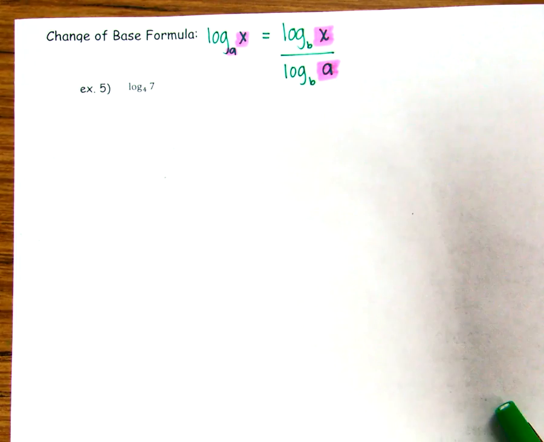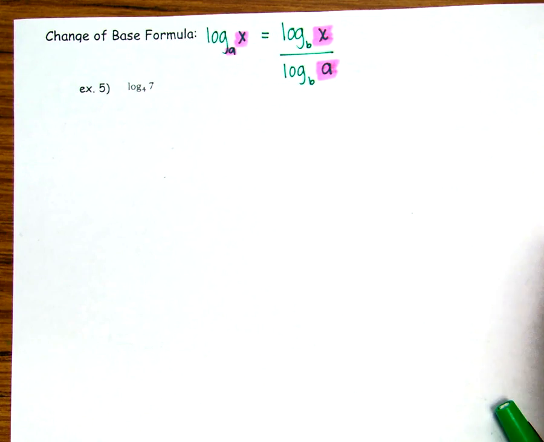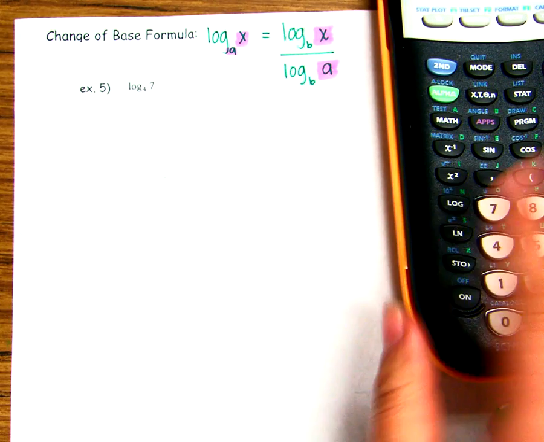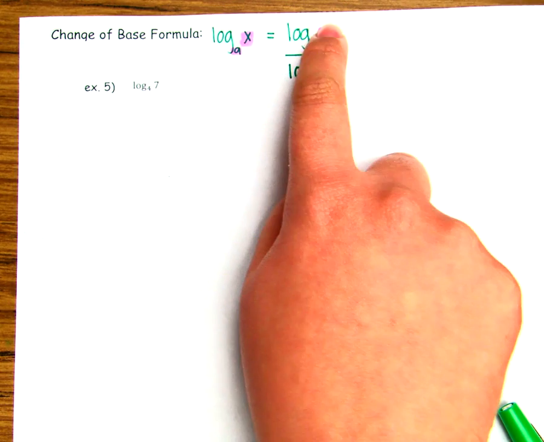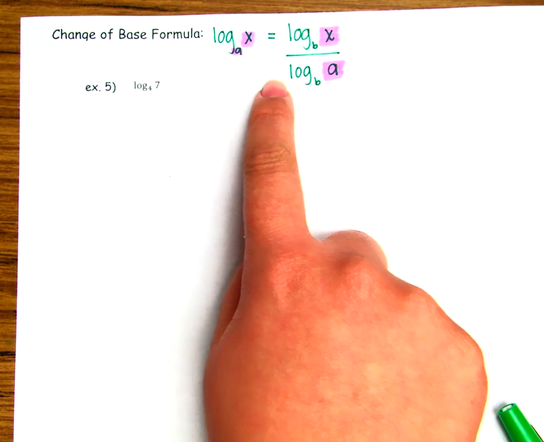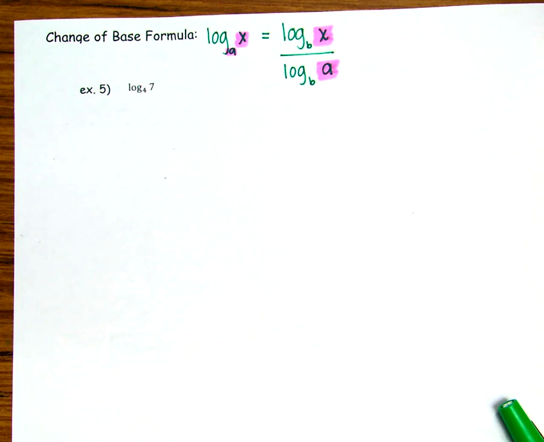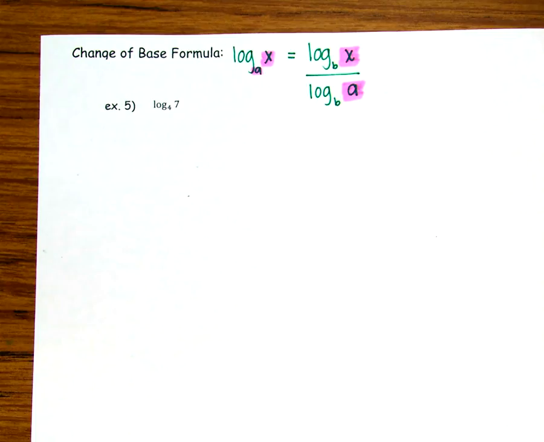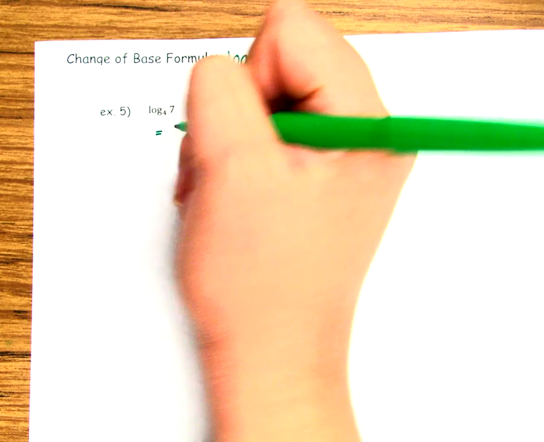It could be e, 10, 5, 4. But why would you make it 5 or 4 when your calculator usually has a log base 10? But it's always going to be log of whatever base you want of the big number divided by log of whatever base you want, which has to be the same, of the little number. So in this case, if I have log base 4 of 7, this is the same thing.